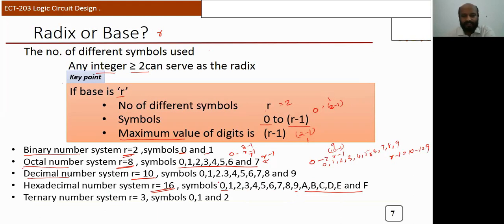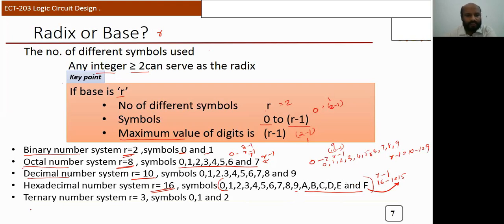So total 16 symbols, and r minus 1 means 15. Actually, the letter F is used to represent the number 15. Anyway, we'll discuss that hexadecimal number later.